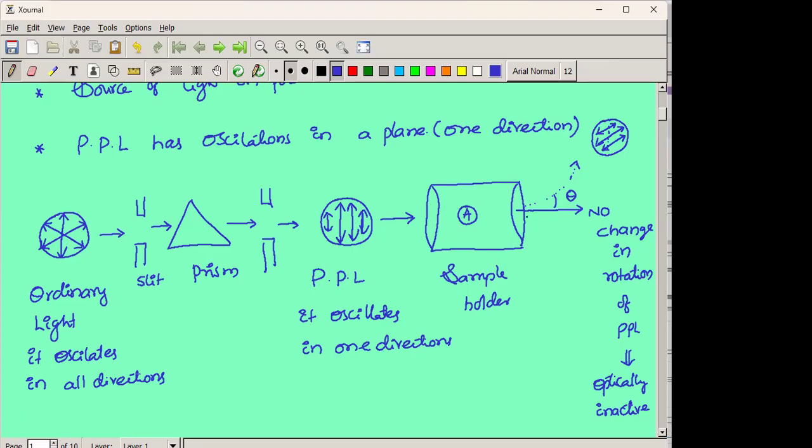Similarly, if it is capable of rotating the plane polarized light in the left direction, this is also considered as optical rotation, theta. The right rotation is considered as dextro rotation, and this is considered as levo rotation. In case of levo rotation, this is the actual position of the plane polarized light, but it will be tilted in this direction.